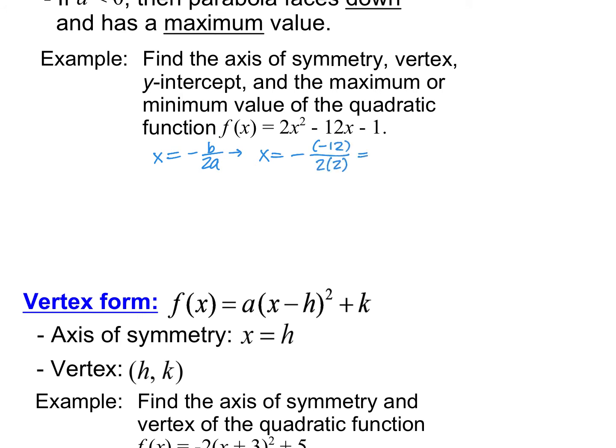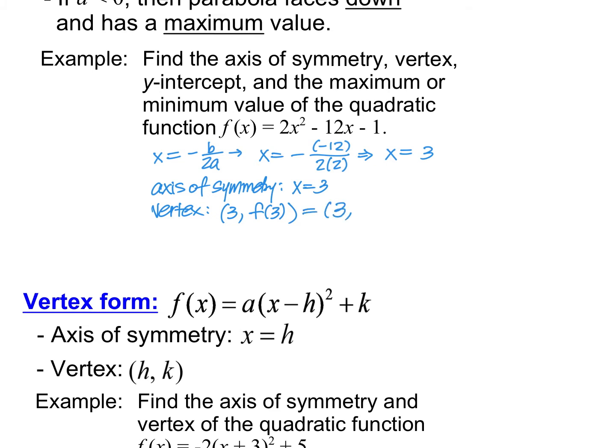You calculate this and you get x = 3. So the axis of symmetry is x = 3. To find the vertex, you have to put 3 into the function so that you can figure out the y coordinate.